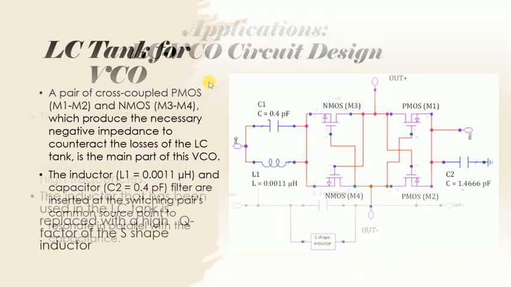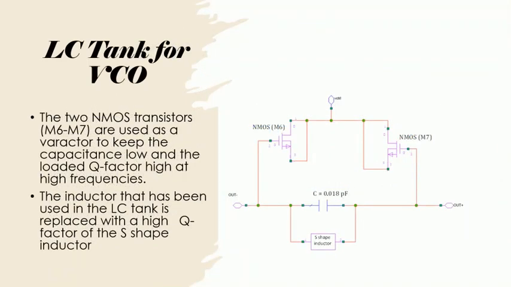Okay, so this is the design for the LC tank for this VCO, where we have 2 NMOS transistors, which are M6 and M7. These are used as a varactor to keep the capacitance low and the loaded Q factor high at higher frequency.